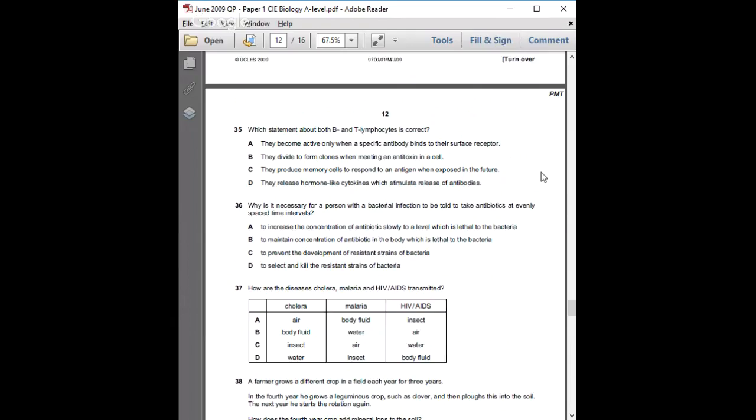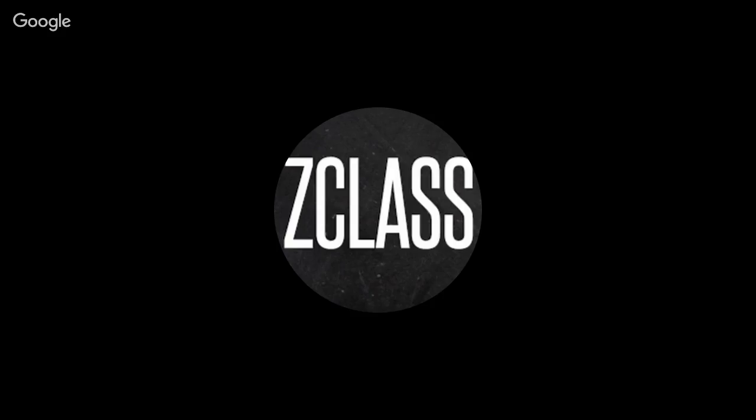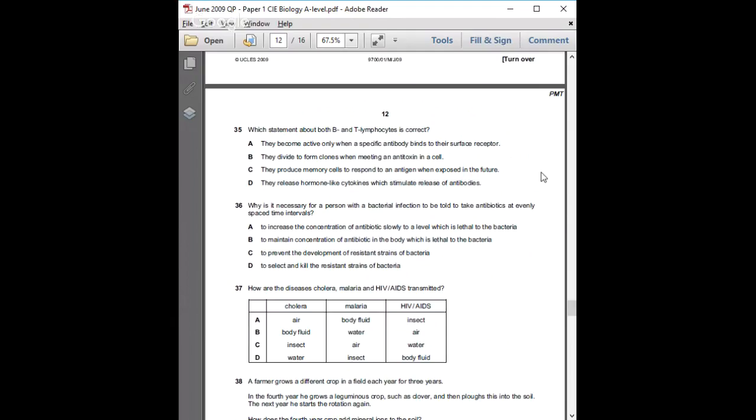Yeah, you do want to kill resistant strains, but it's not specifically for that. Yeah. Good.